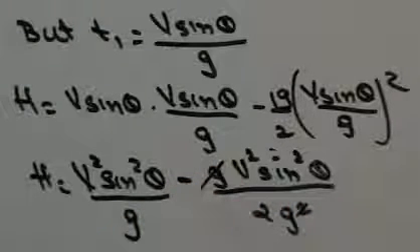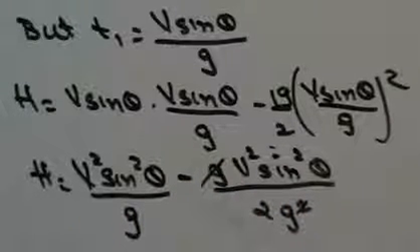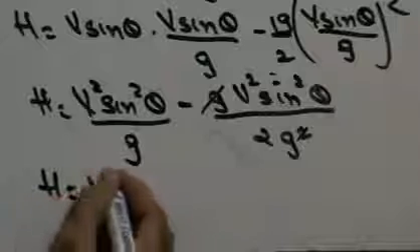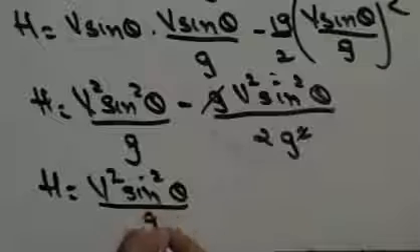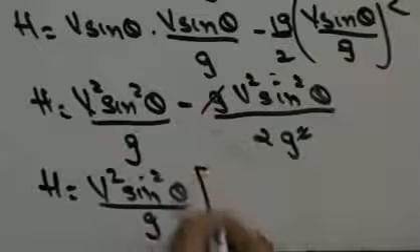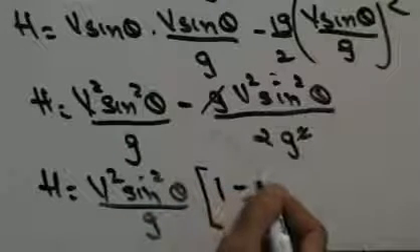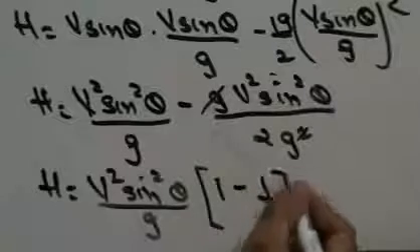So g and g square get cancelled here. Now I will take v square sin square theta upon g common. Then you have 1 remaining from here and 1 upon 2 remaining from there. 1 minus 1 upon 2 is nothing but 1 upon 2.